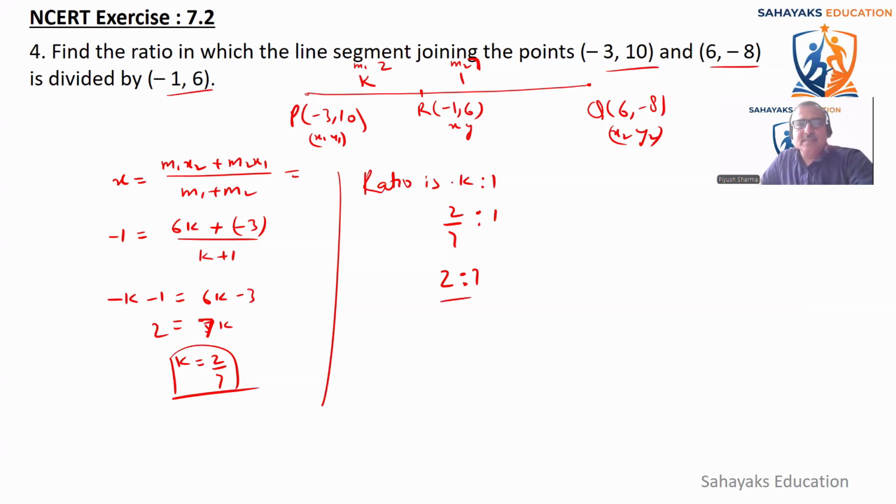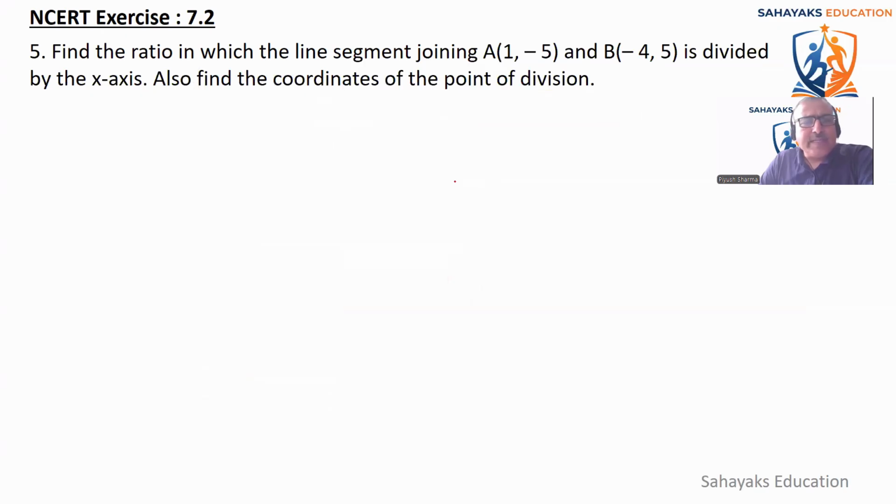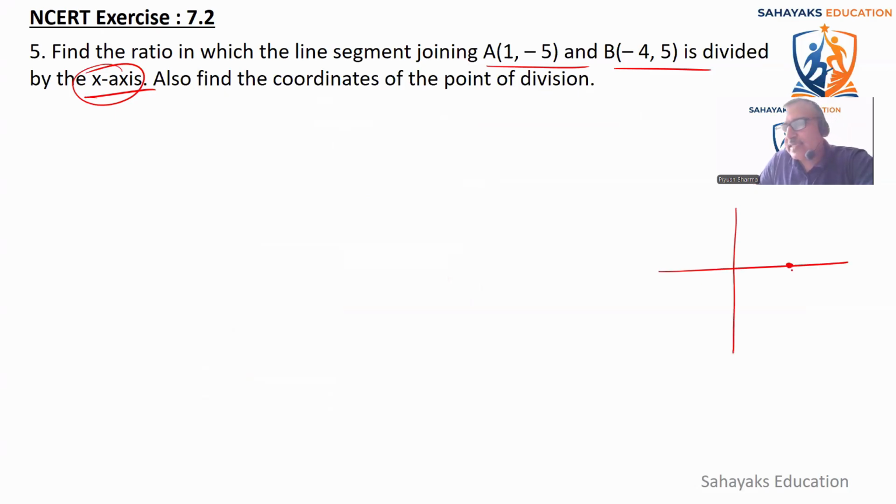Okay, so come to the next question. Find the ratio in which the line segment joining this and this is divided by x-axis. Now, this question, when we say x-axis, we know the y-coordinate on the x-axis will be 0. So if I draw x-axis, any point on the x-axis, what will be the point? It will be x, 0, because the y-coordinate will be 0 here.